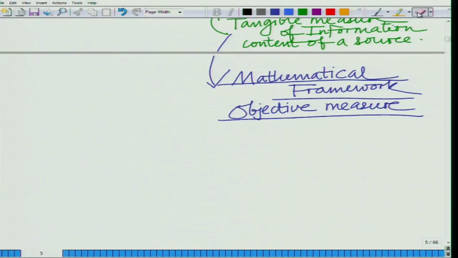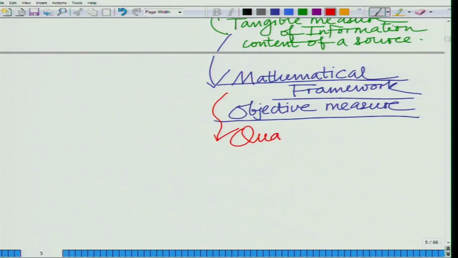That is the important aspect, because different people might feel that the information content is different, and more importantly, this is a mathematical, numerical, quantitative framework. Not just simply a qualitative framework, but a quantitative framework.